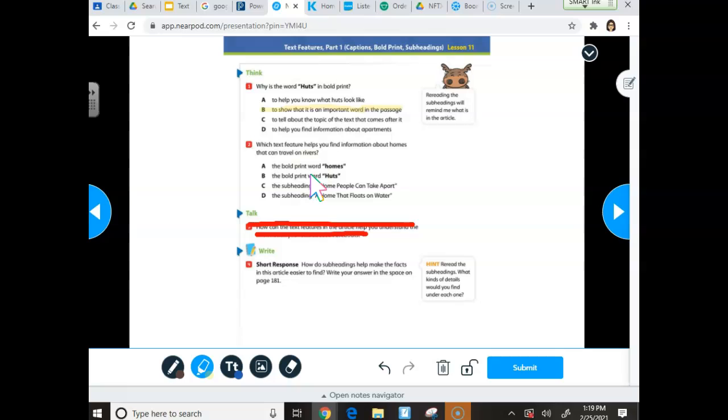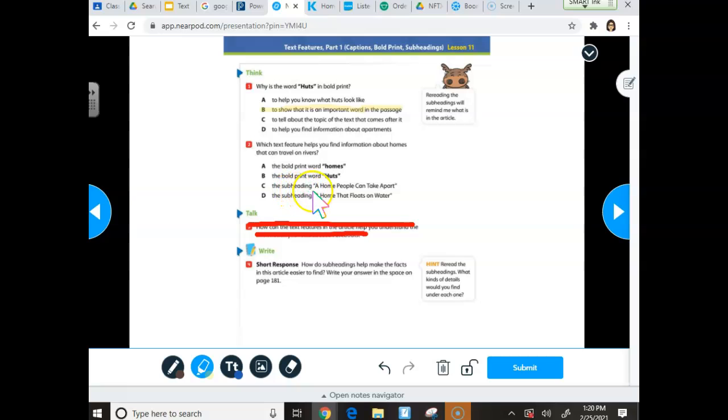Number 2, which text feature helps you find information about homes that can travel on rivers? A, the bold print word homes. B, the bold print word huts.